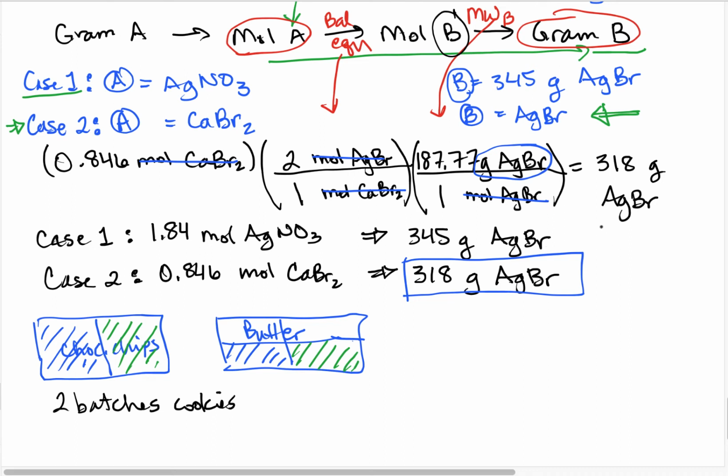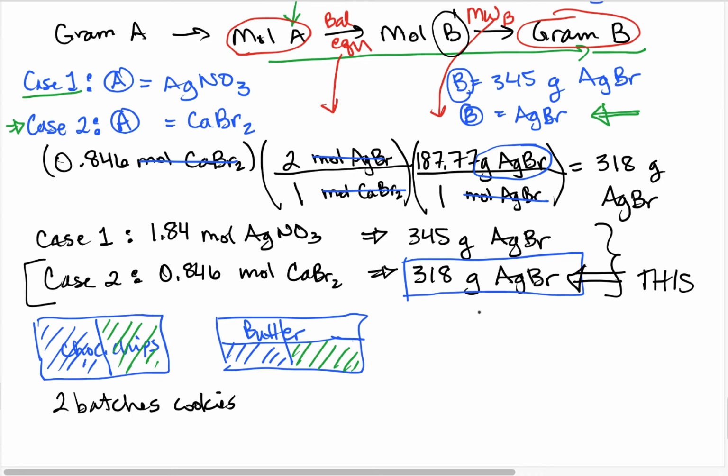So with this real situation here, we look at whichever number is smaller, and this is our answer. I can't make 4 batches of cookies, only 2 batches of cookies. Even though I have 2 more sticks of butter, I don't have any more chocolate chips, so I can't make any more chocolate chip cookies. So when we use up all of the calcium bromide, we're done.